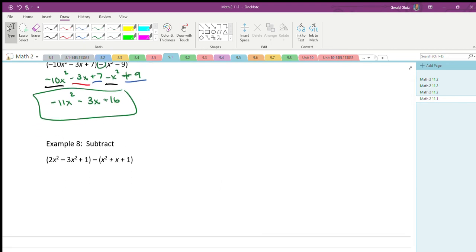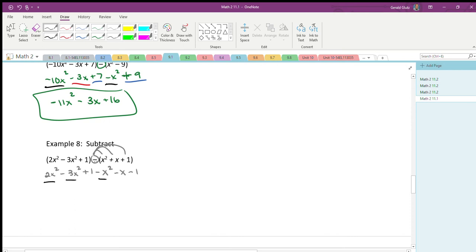And then our last example. Again, we have a subtraction sign in between the two parentheses. So I'm going to distribute this minus sign. So 2x squared minus 3x squared plus 1 minus x squared minus x minus 1. So I got 2x squared minus 3x squared minus x squared.